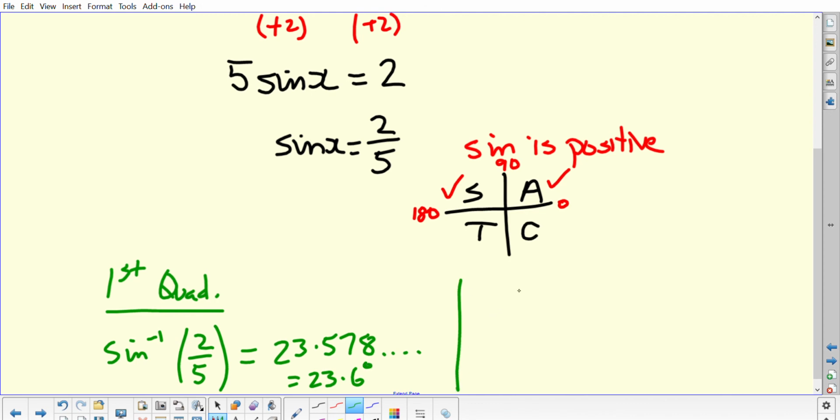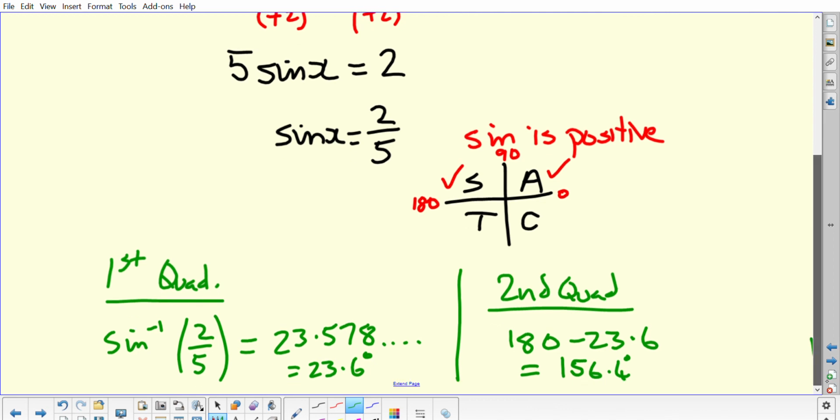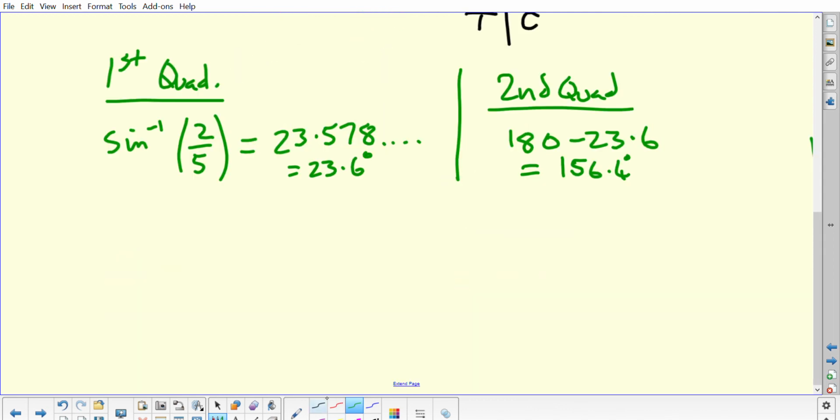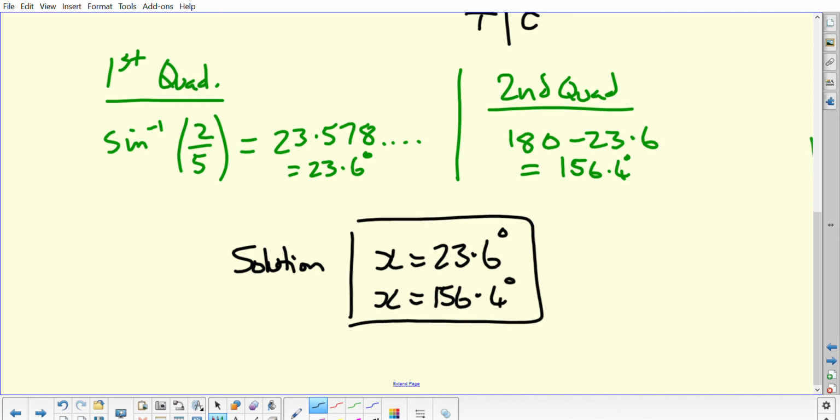And then in the second quadrant you would get 180 minus the 23.6, and that would be 156.4. So your final answer here is these two angles grouped together. So your solution is x equals 23.6 and x equals 156.4 degrees.